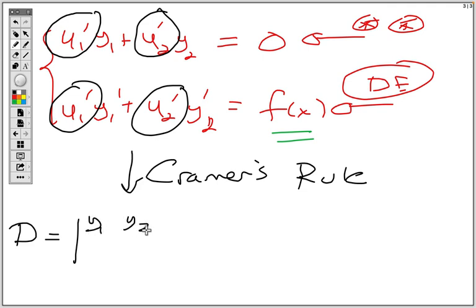That's y1, y2, y1 prime, y2 prime. And this matrix had a special name. Does anyone remember the name of this matrix? Well, it's the determinant, but what's the name of it? Yeah, the Wronskian.